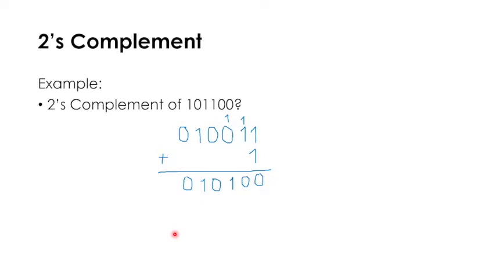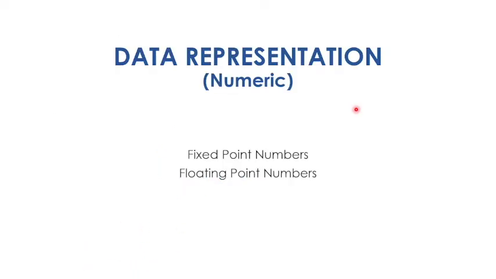So the 2's complement of 1, 0, 1, 1, 0, 0 is 0, 1, 0, 1, 0, 0. Now let's move on to the second part of the numeric data representation. In this, we will be discussing the fixed point numbers and the floating point numbers. So first, let's have the fixed point numbers.